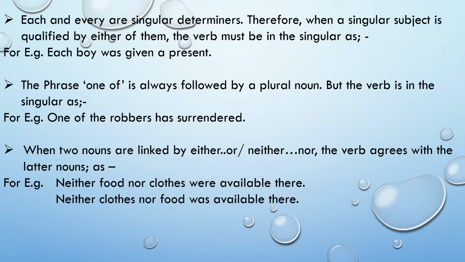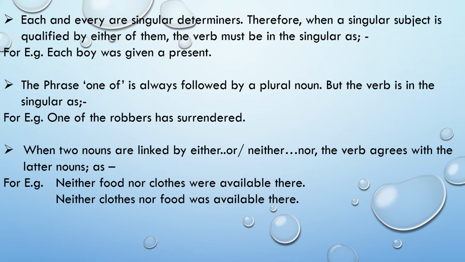Because we are talking about one of the robbers. Example, one of the robbers has surrendered. Here robbers is plural, but the verb will be singular. Why, children? Because we are talking about one of the robbers. We are not saying that all the robbers have surrendered themselves. Only one of the robbers has surrendered.